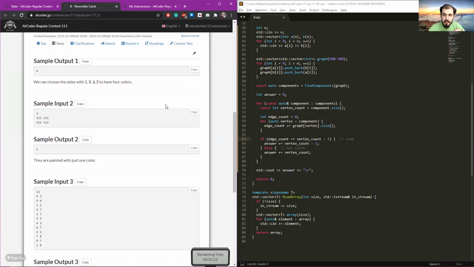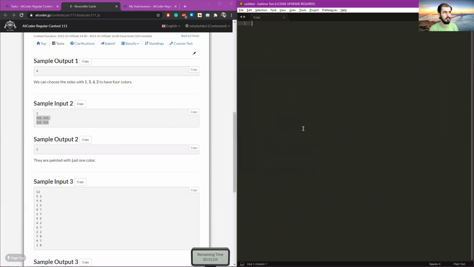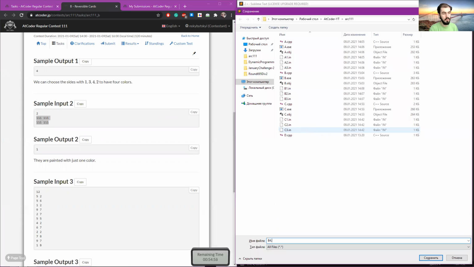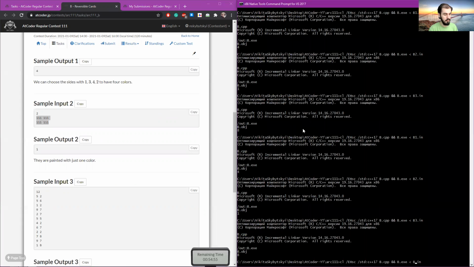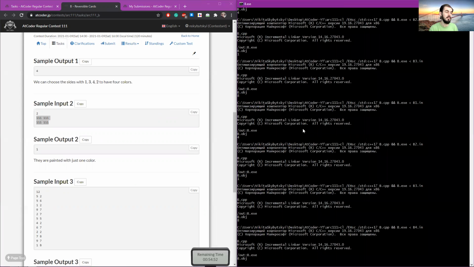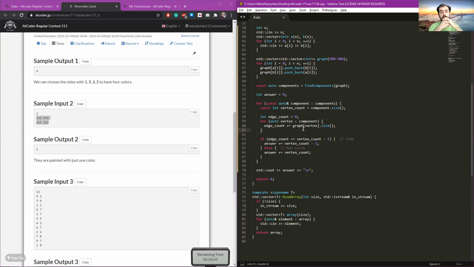Because they are independent. I believe I processed this kind of queries correctly. But whatever, let's try like this. It's the simplest input that I can think of. We should get 2 as a result because this connected component is not a tree. It has a cycle. You can select 1 in 1 and 2 in the second card.